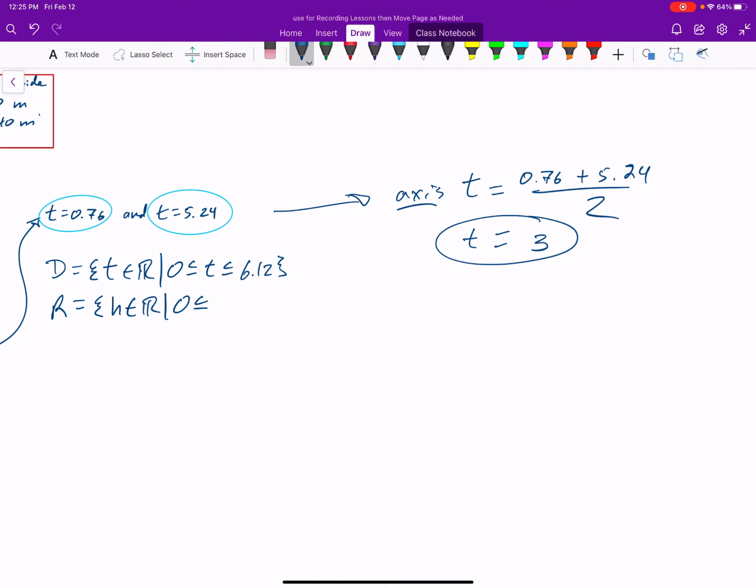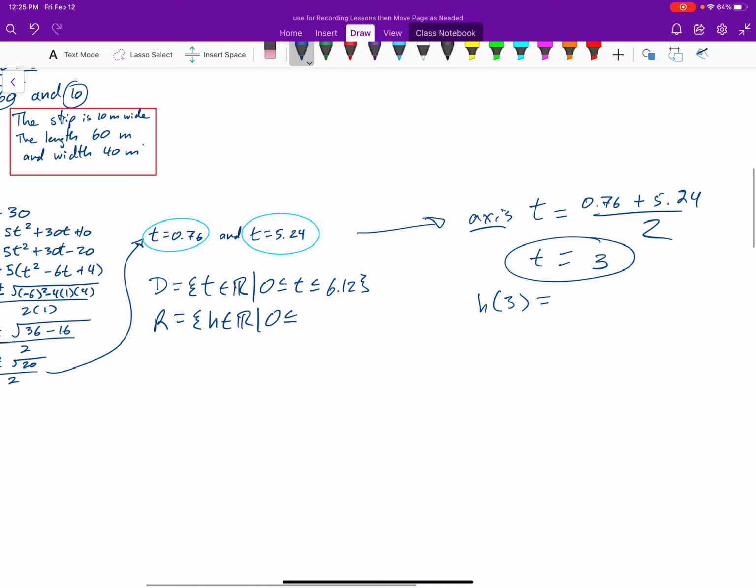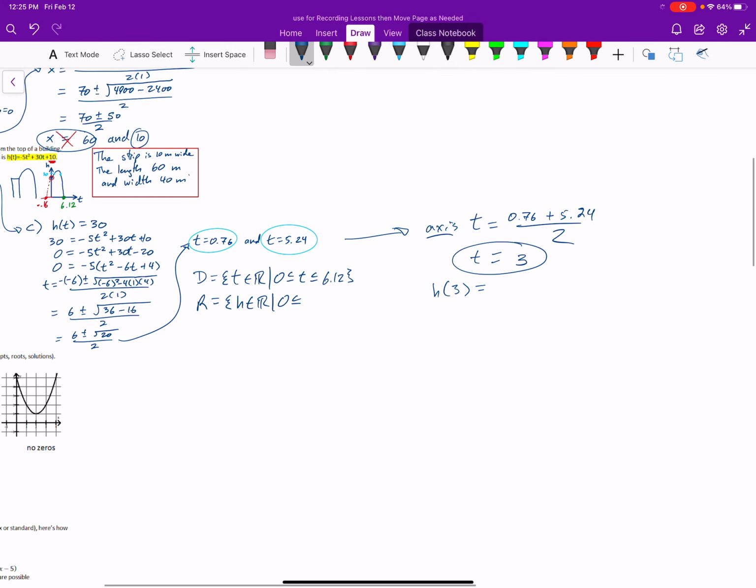But I need to find out what h at 3 is now to find out what the y value is at that point. So it would be negative 5 times 3 squared plus 30 times 3 plus 10. So that would be negative 45 plus 90 plus 10, which would be 55.